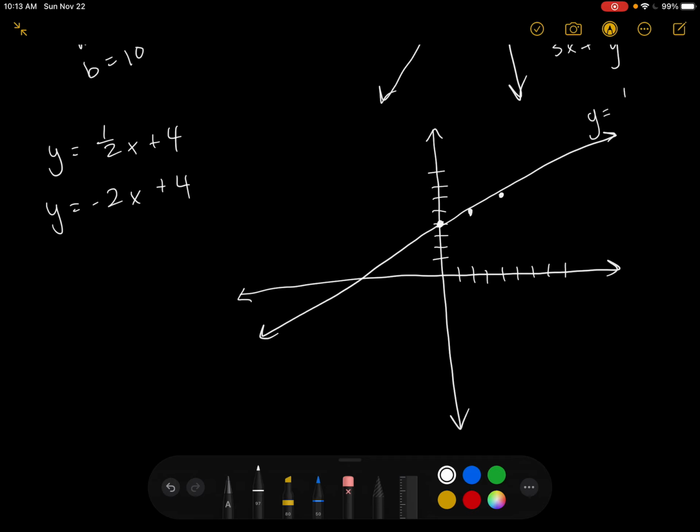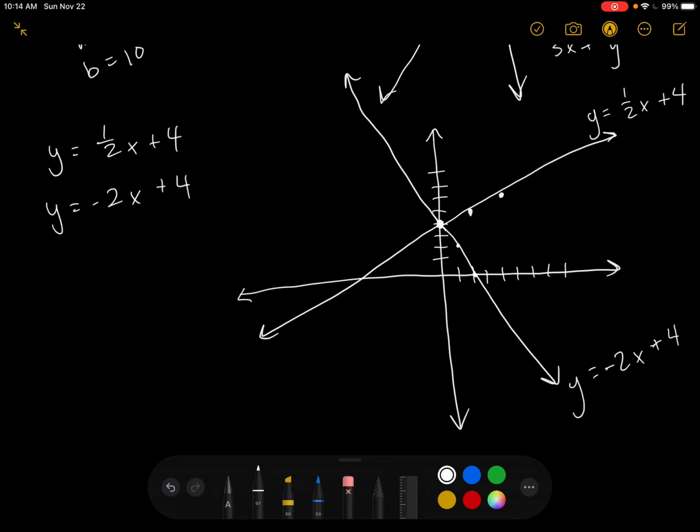I just graphed it just like we did last week with all basic graphing. So you should know how to do this before. And then the next one is go down 2 to the right 1, down 2 to the right 1. Okay, this is my other line, my second line, and I want to find the point where they intersect.